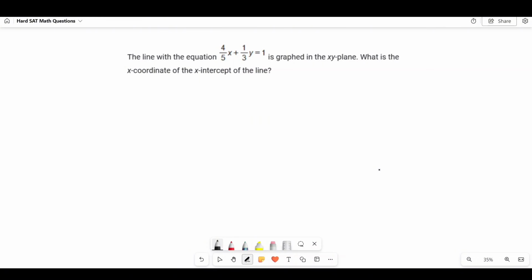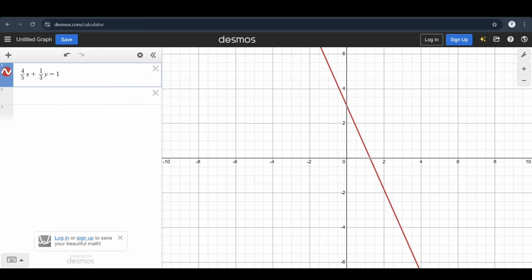In this next question, they are asking us what is the x-coordinate of the x-intercept of the line. And the quickest way to do this is actually using Desmos. So if we go on to Desmos, which you will be given on the SAT, you can see immediately that the x-intercept is 1.25, and that is your answer.